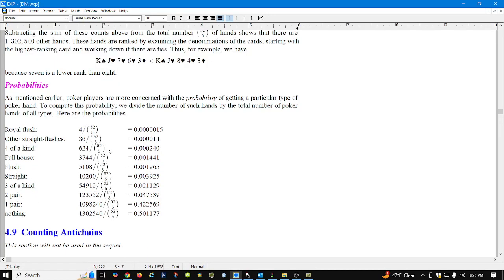Now, as I mentioned earlier, to compute the probability of a given hand, you divide the number of hands of that type by the total number of poker hands. And that's what I've done here, and these are the probabilities. You can see that it's extremely unlikely to get a royal flush.